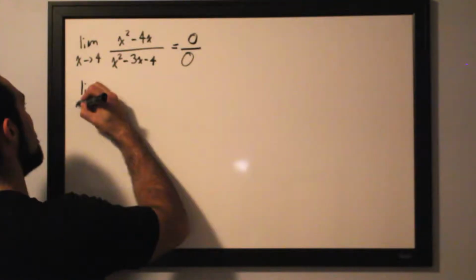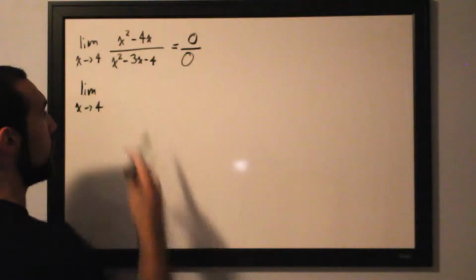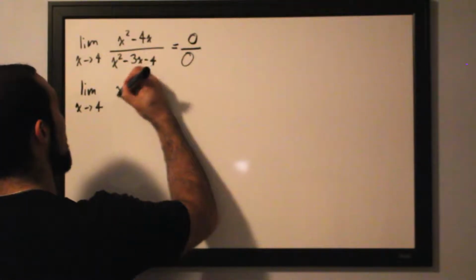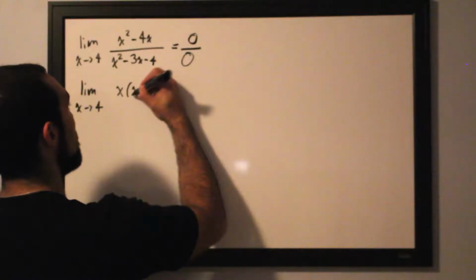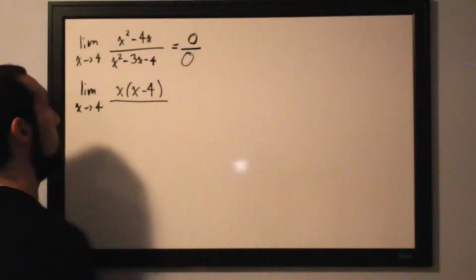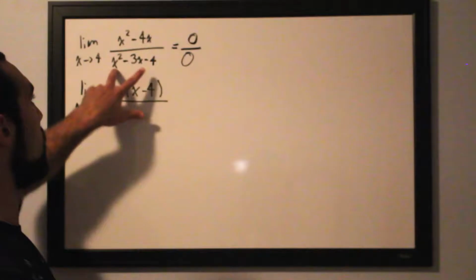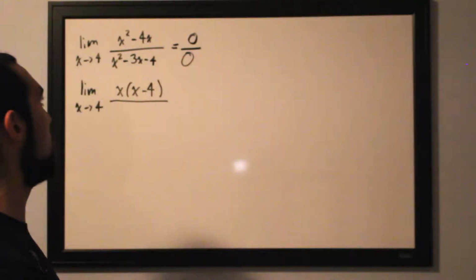Limit as x approaches 4, and in the numerator right over here we can pull an x out, so we're going to have an x factor come out of here, and x minus 4, and in the denominator we are looking for two values that add up to -3 and have a product of -4.